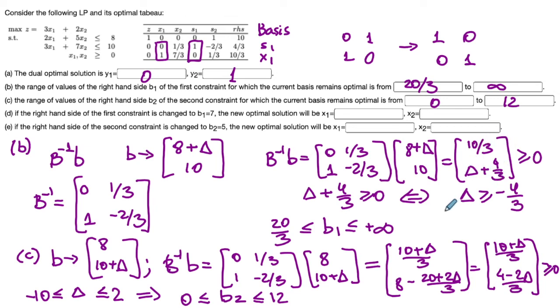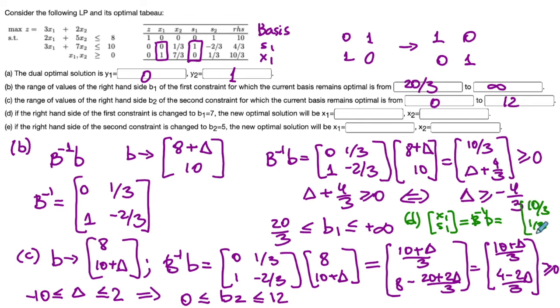As a result, for part D, our B inverse times b, which gives us the values for x1 and s1, will be given by 10/3 and negative 1 plus 4/3 is 1/3.